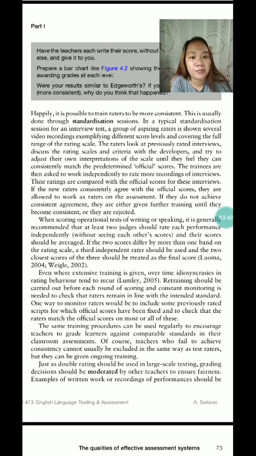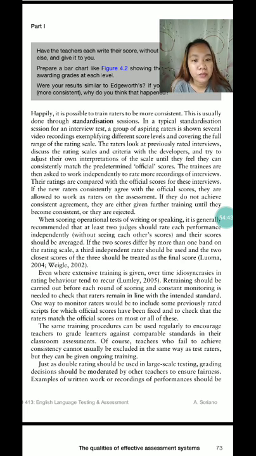The raters look at previously rated interviews, discuss the rating scales and criteria with the developers, and try to adjust their own interpretation of the scale until they feel they can consistently match the predetermined official scores. The trainees are then asked to work independently to rate more recordings of interviews. The ratings are compared with the official scores for those interviews. If the new raters consistently agree with the official scores, they are allowed to work as raters on the assessment.